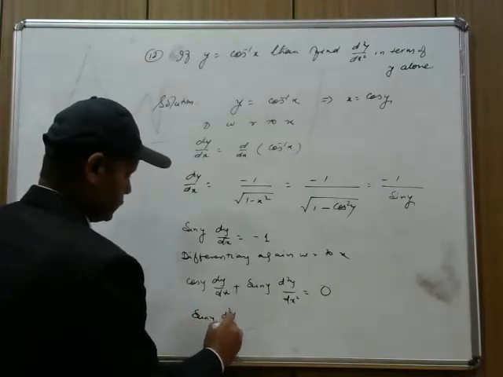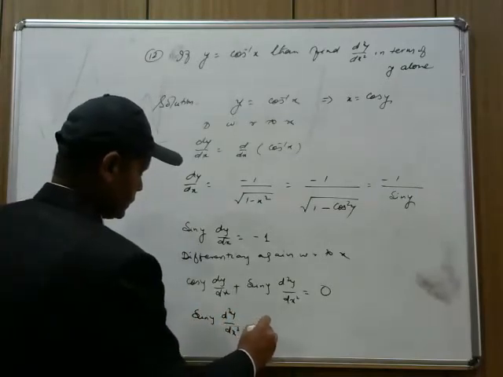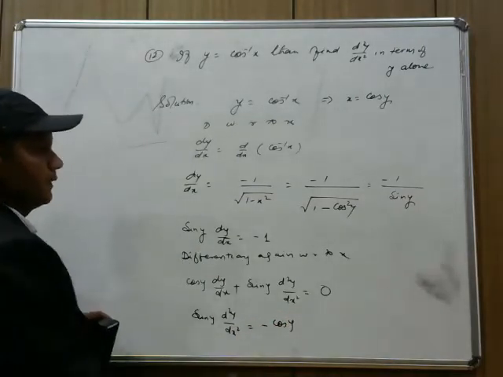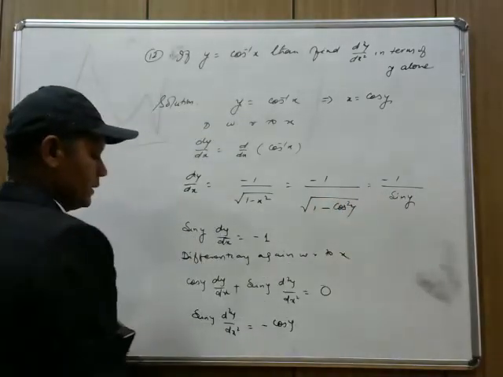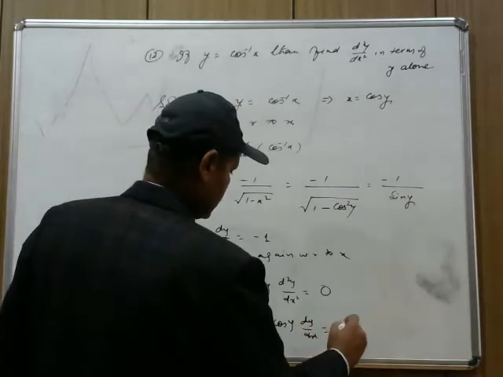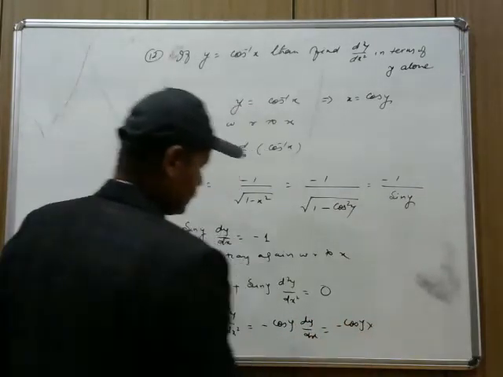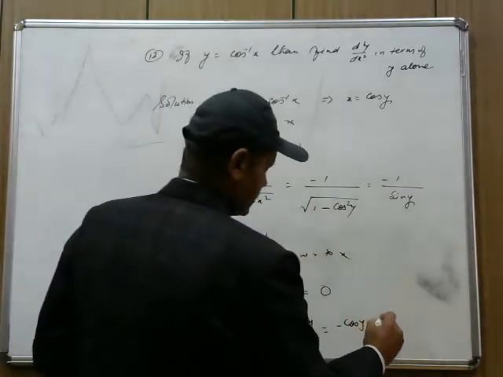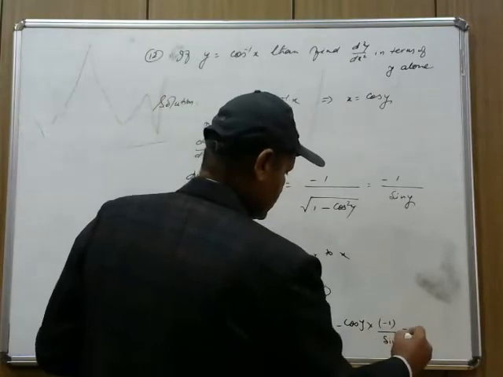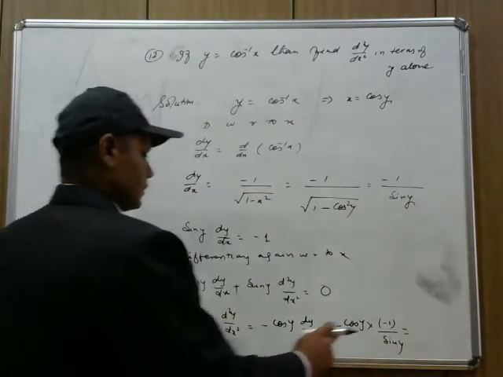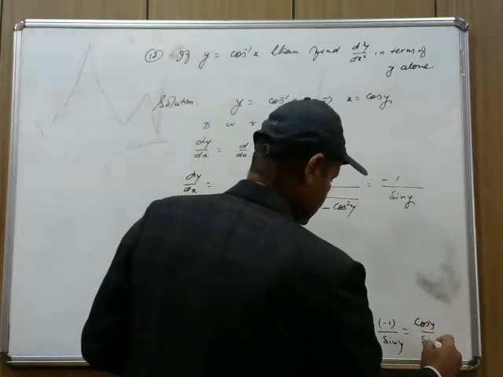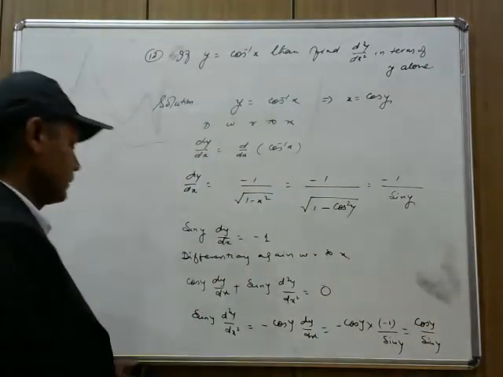Sin y into d2y/dx square is equal to minus cos y into dy/dx, and dy/dx is what? Minus 1 upon sin y. That is equal to minus cos y into minus 1 upon sin y. This becomes minus cos y by sin y. Simply I will get here cos y by sin y. Now what I got?